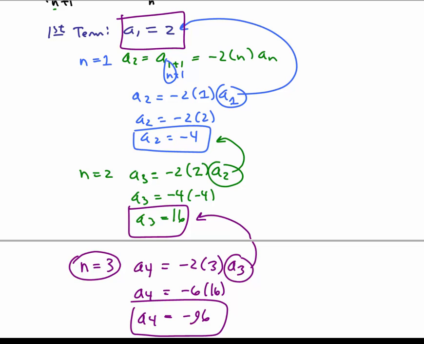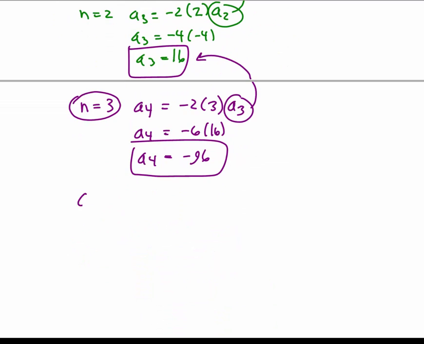So if we put the terms in order, we had 2, negative 4, 16, negative 96. This pattern continues. That's what the dots mean, of course. This is called an alternating sequence. The reason it's called alternating is the signs are alternating between positive and negative in a predictable pattern.